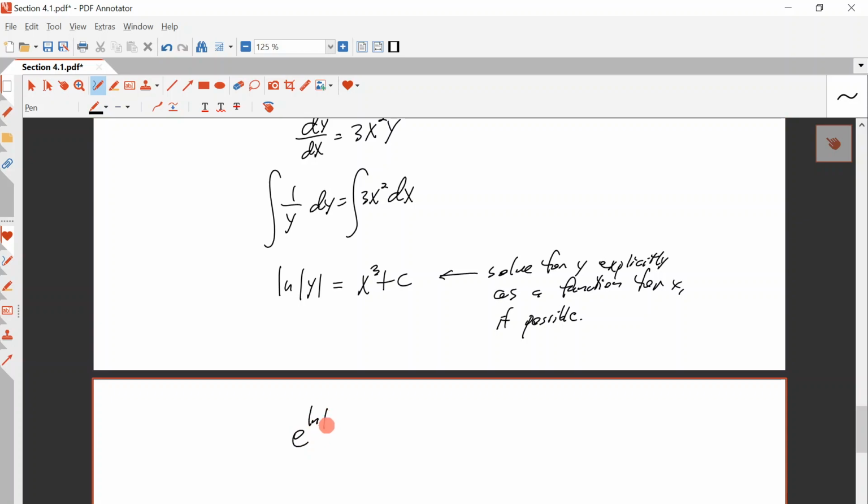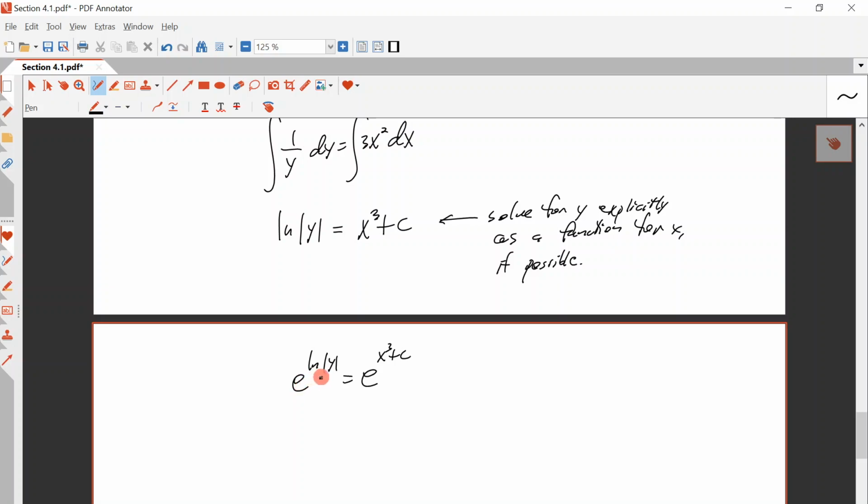So e to the natural log of y is e to the x to the third plus c. I'm just taking the exponent of both of those. But e to the natural log of y is just the absolute value of y. And e to the x to the third plus c is e to the c times e to the x to the third. When you have the same base and two different exponents multiplied together, you add the exponents.